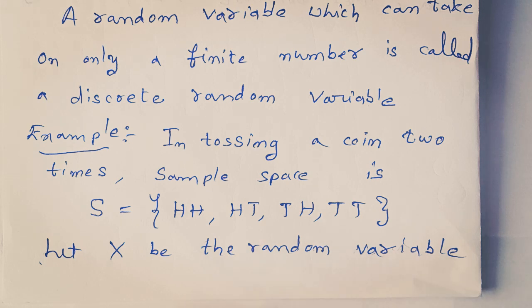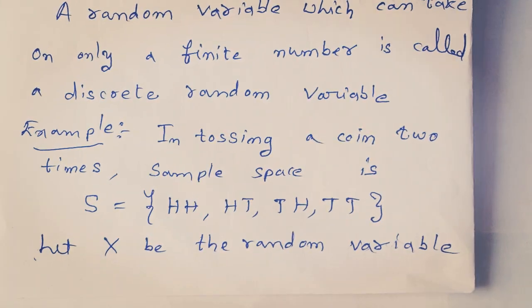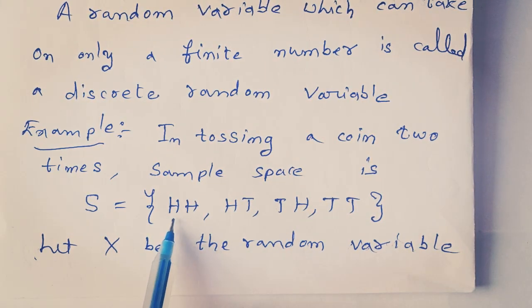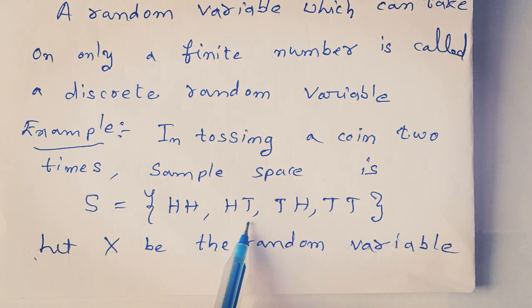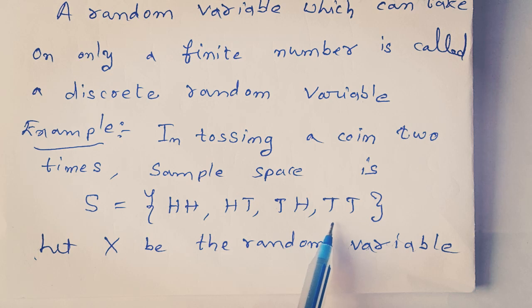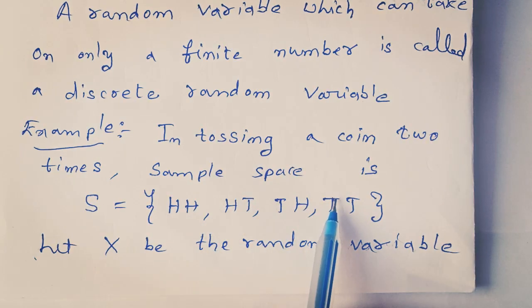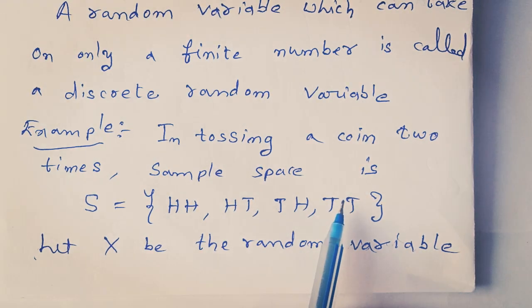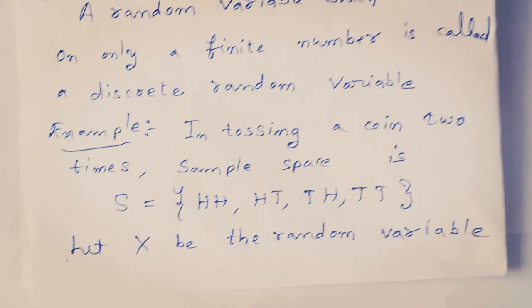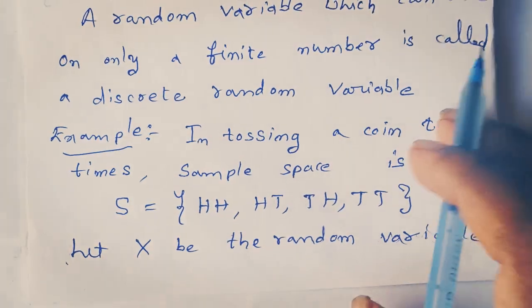What are the possible ways? Maybe both are heads, or one is head and one is tail, or one is tail and the other is head, or both are tails. Therefore, these are all the possible outcomes in tossing a coin 2 times, or 2 coins at a time.